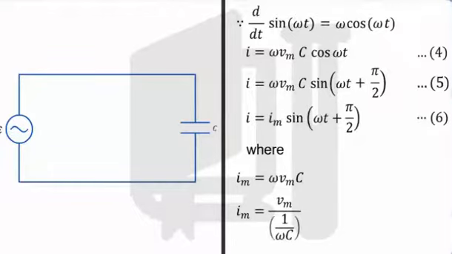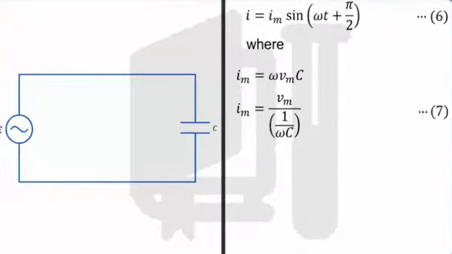Here, 1 by omega C is analogous to resistance and is called capacitive reactance. Capacitive reactance is denoted by Xc. Hence, capacitive reactance is the inverse of the product of angular frequency, omega, and capacitance C. Let this be equation 8.